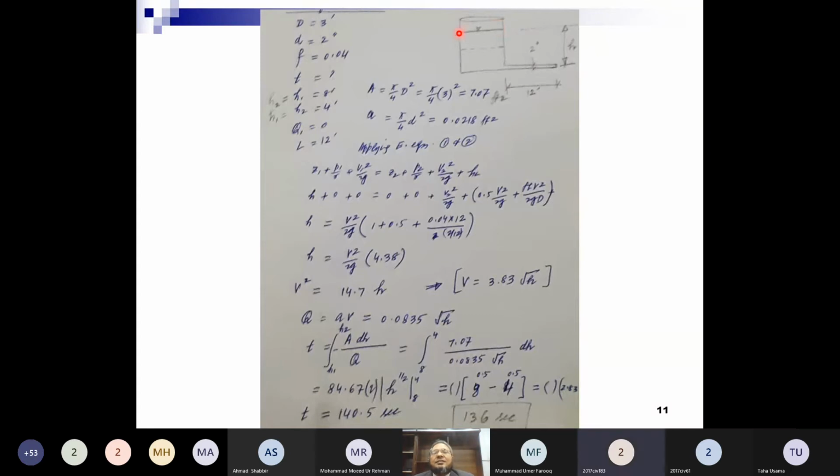But the level is dropping, right? Yes, very good, you are right. The liquid is dropping, but if its diameter is too large, that drop is so small that we can ignore it. Okay?